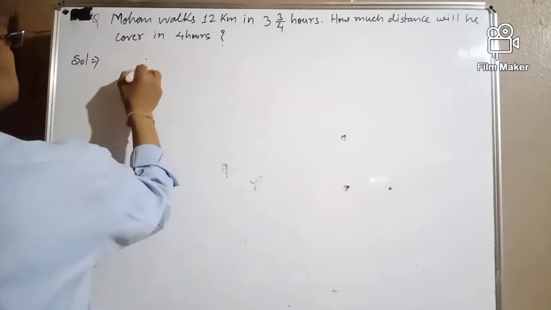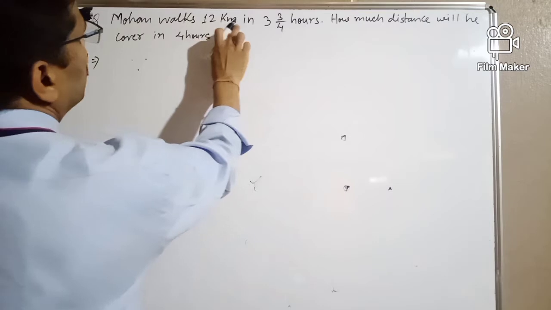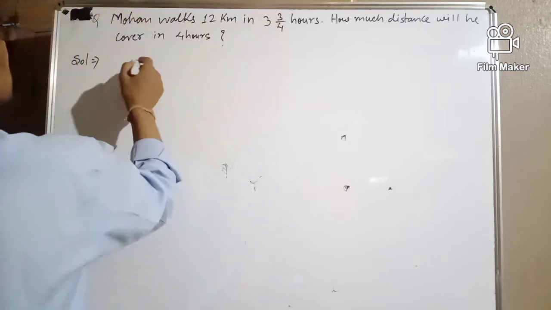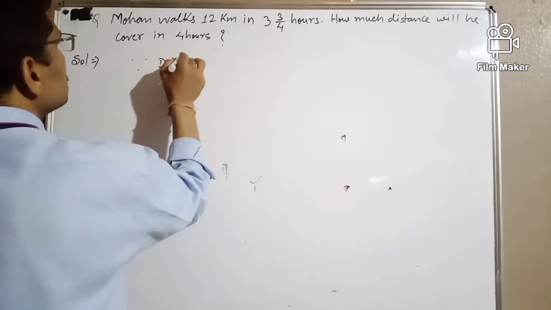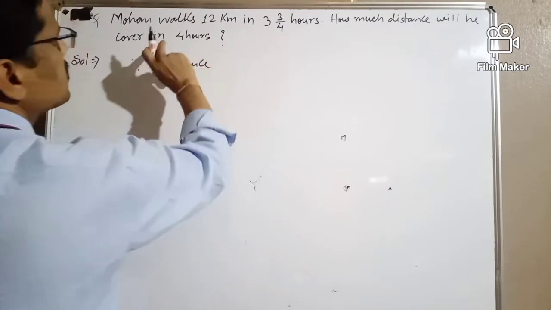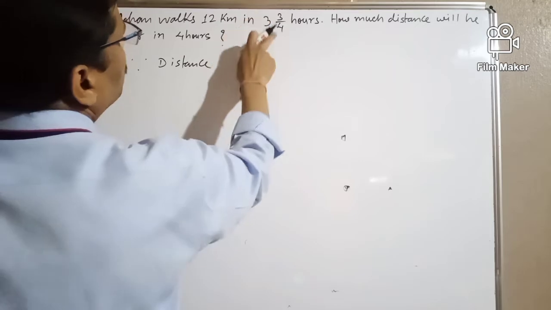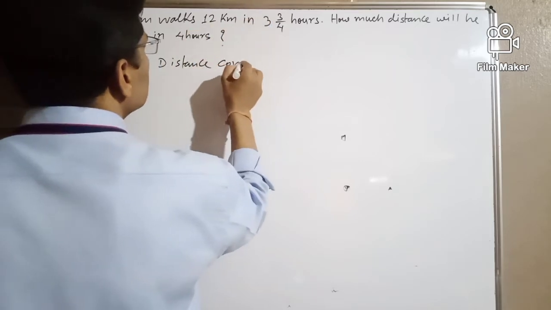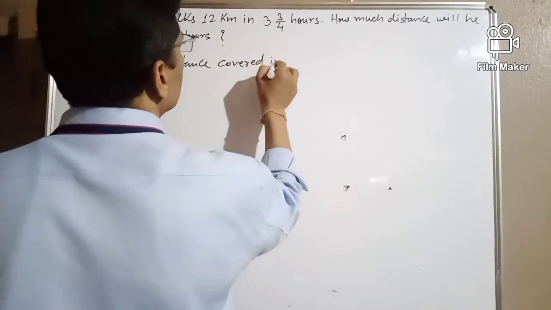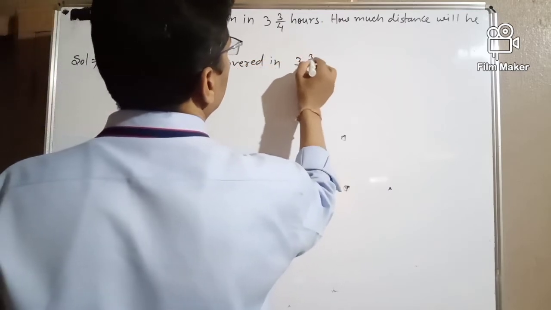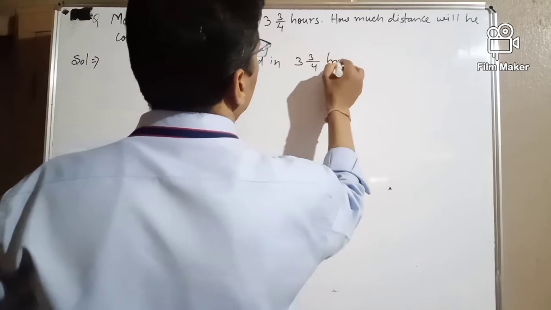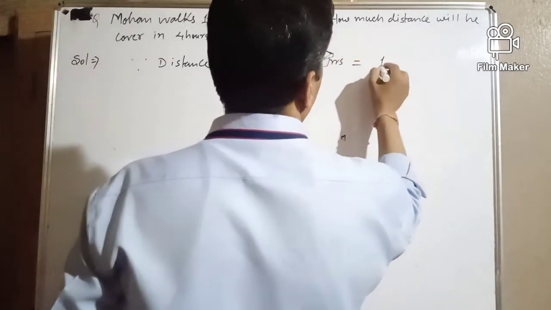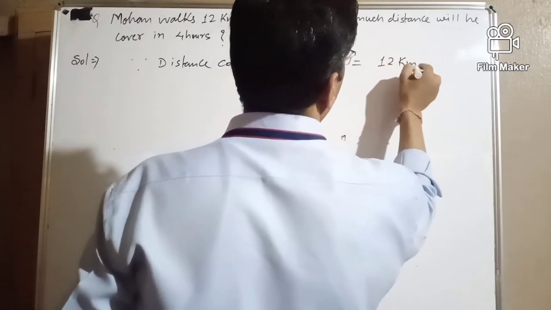We can write here: since Mohan walks 12 km in 3 whole 3/4 hours, distance covered in 3 whole 3/4 hours, how much distance he covered? 12 kilometers. So we can write here 12 kilometer.